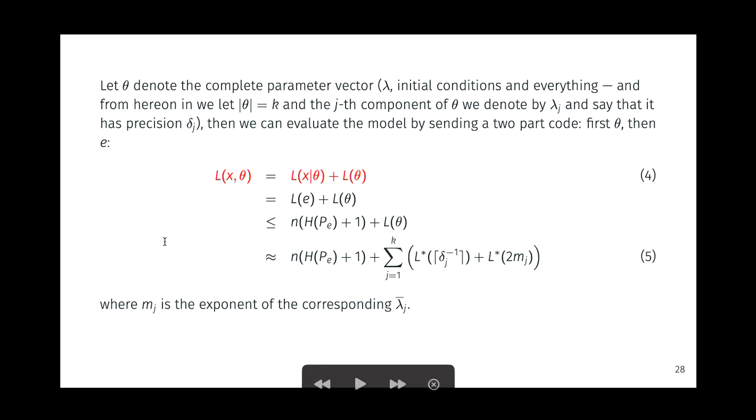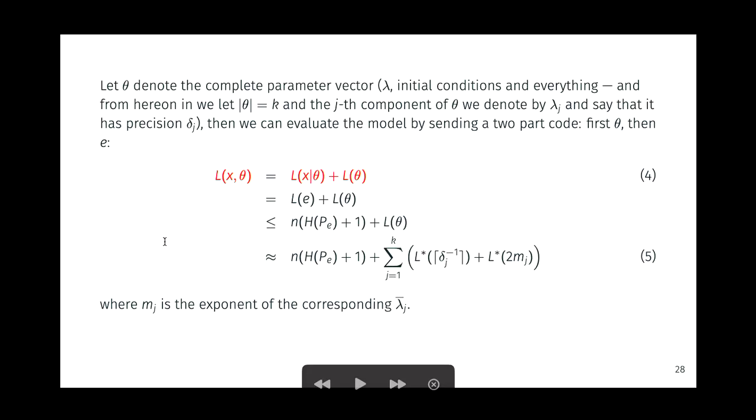So I've got 2 different sorts of numbers I'm trying to deal with here. The model errors, which I'm modeling with a probability distribution, and so describing the cost of sending those model errors using a probability distribution, and the parameters of the model itself, which I'm saying I don't have a prior distribution on, but I need to specify them to some fixed precision.